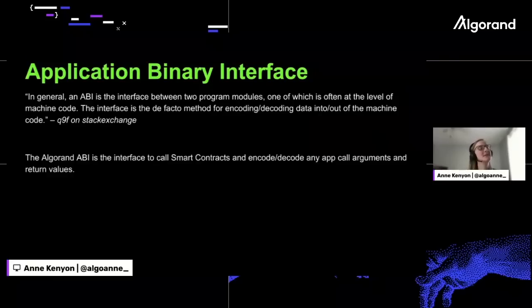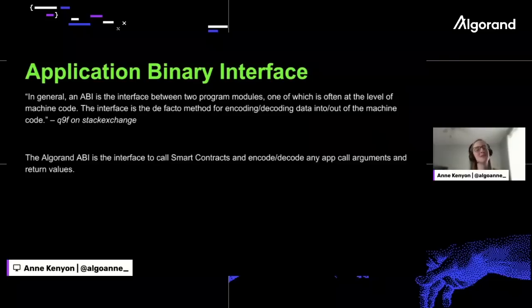So imagine the world without the ABI, right? I'm writing a smart contract. I have some method for my smart contract. It takes some arguments, and maybe it takes a string as an argument. Well, I have to encode that string somehow using TEAL. And now, how is anybody else supposed to know how I encoded that string?